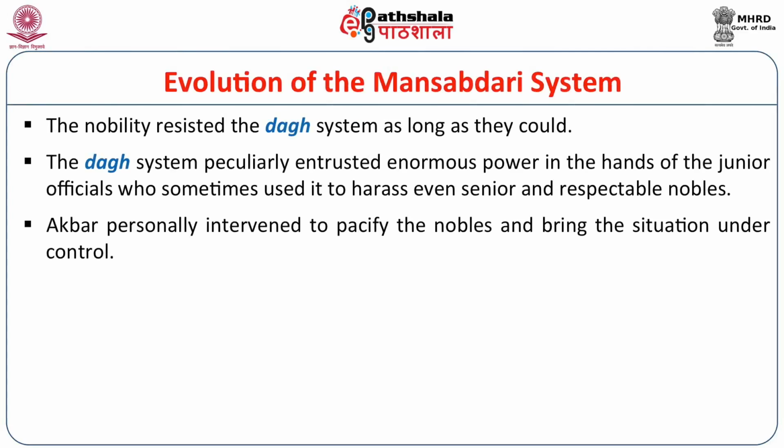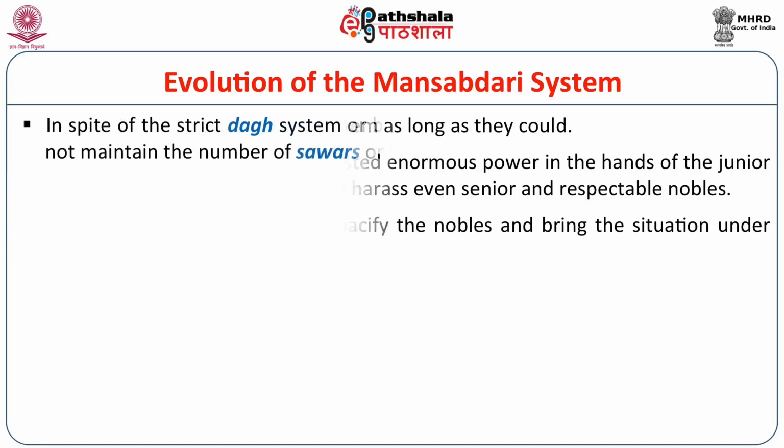So it was they who inspected the horses and the soldiers. If they had something in mind, they could manipulate the number and the quality too. Akbar personally intervened at times to pacify the nobles and bring the situation under control.